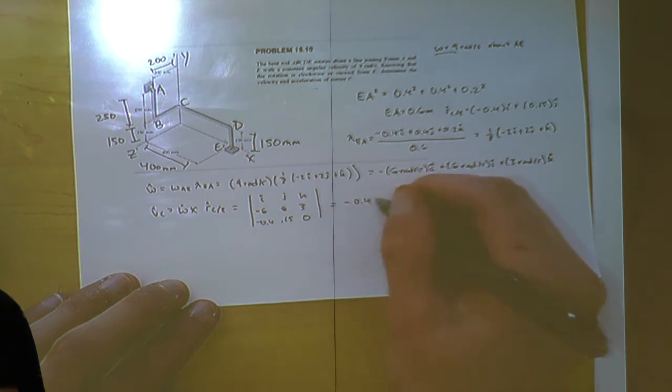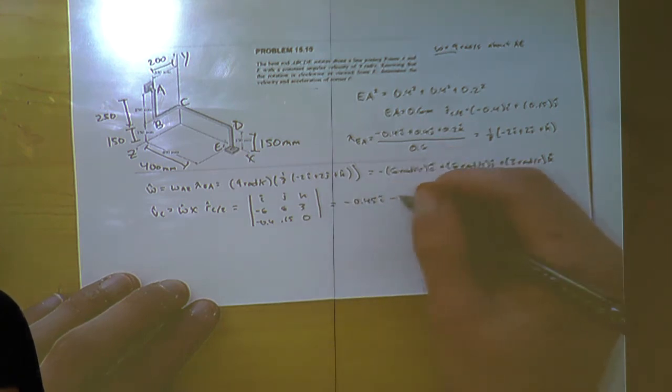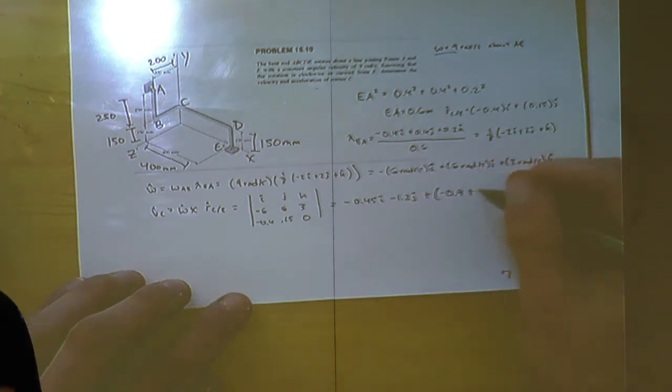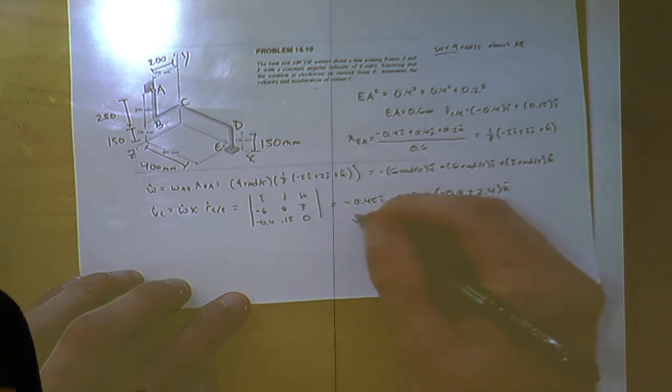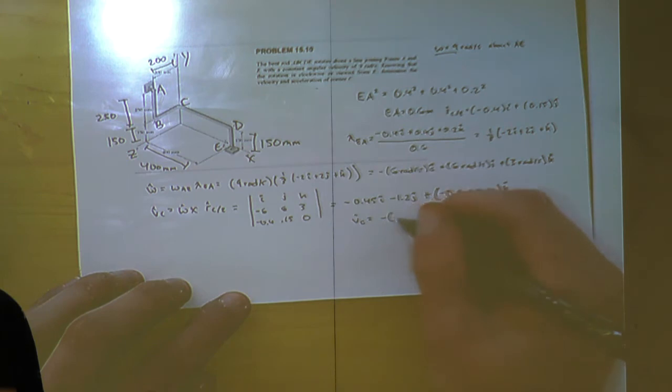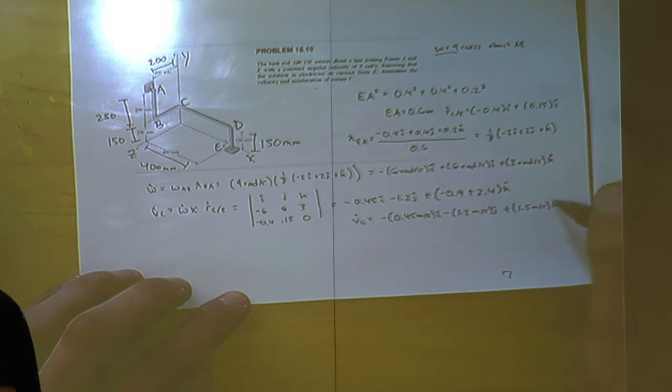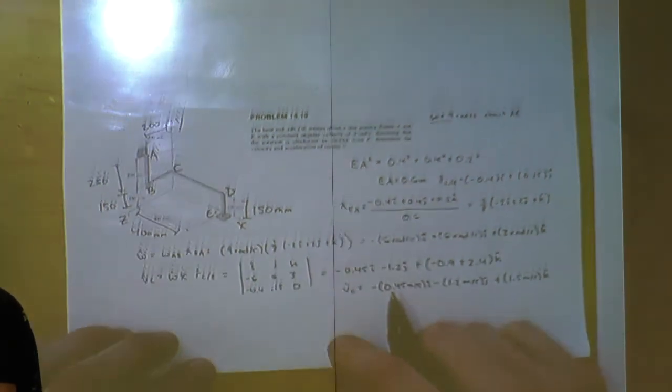So we get negative 0.5 i minus 1.2 j plus negative 0.9 plus 2.4 k. So vC is equal to negative 0.45 i minus 1.2 j plus 1.5 k.